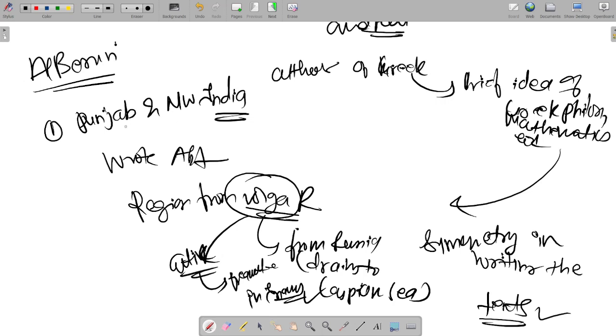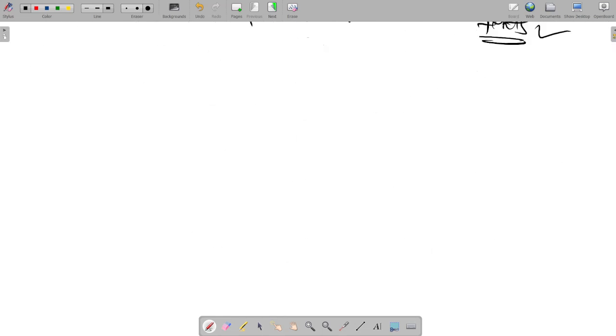Back to the topic, he traveled from Punjab and northwest and wrote about the region from the Volga River to the Sahara Desert. Let's study some brief details about Kitab ul Hind.